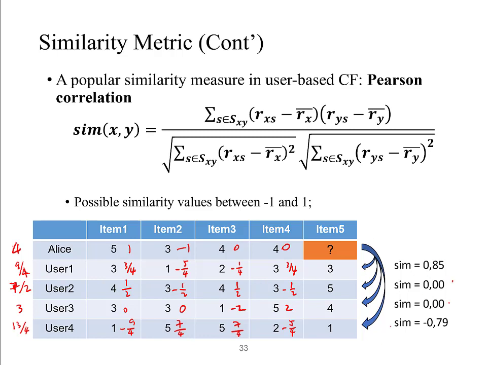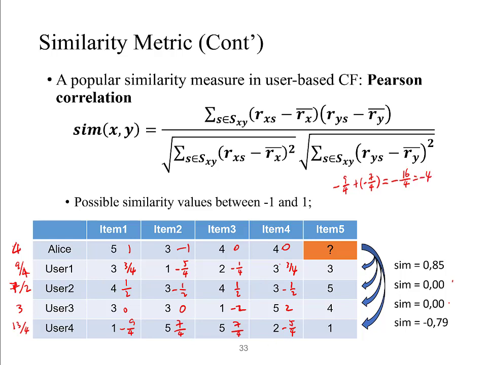Now let's look at the last one, for example. We first compute this part. So it would be minus 9/4 plus minus 7/4, which is minus 4.